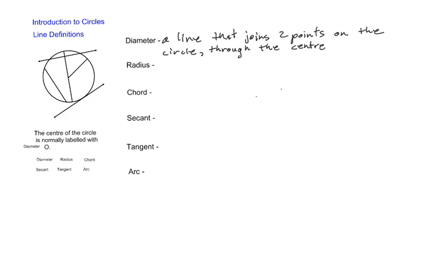On the circle on the left there, we're going to actually write down each of the different parts. In this case, we've just described the diameter, so we'll write the diameter on the sheet. And there you go.